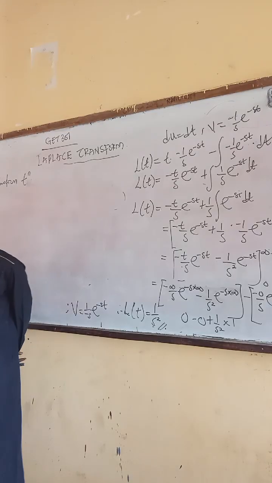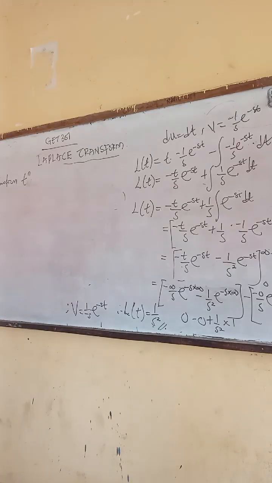Function t raised to power n. So what if it is not t? You know that t the power is 1, but what if it is t raised to power n where n is greater than 1? You get?